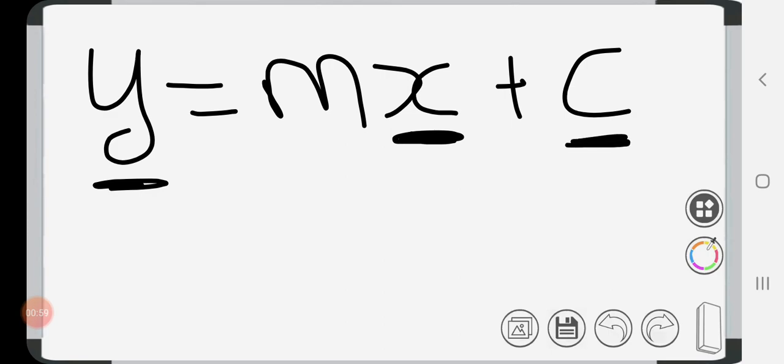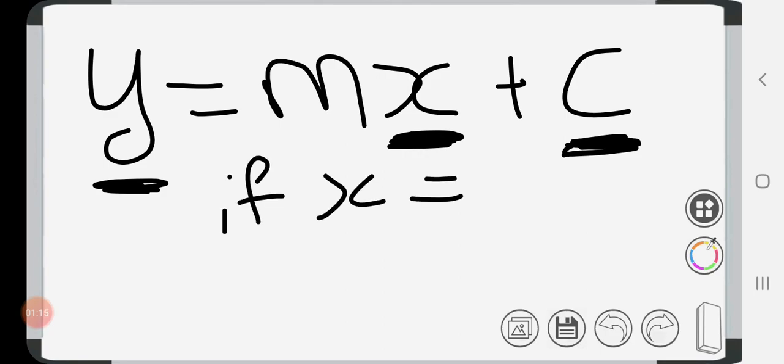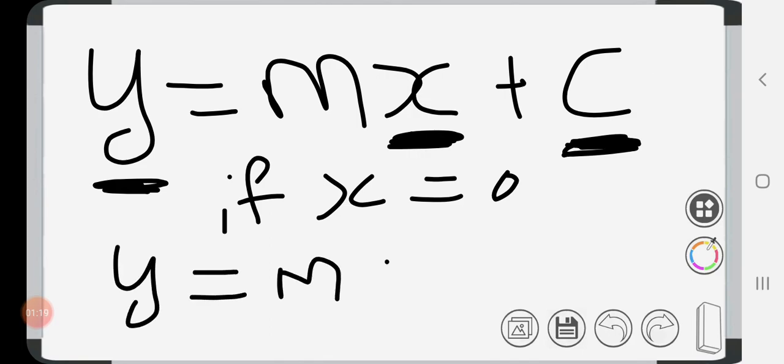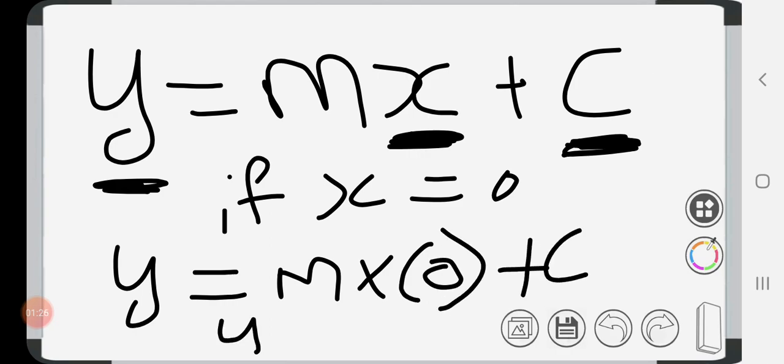C is a constant, meaning that's what y is even if x is 0. So let's take an example. If x is equals to 0, then this function that we have will be m times 0 plus c, and then y will be equals to c.